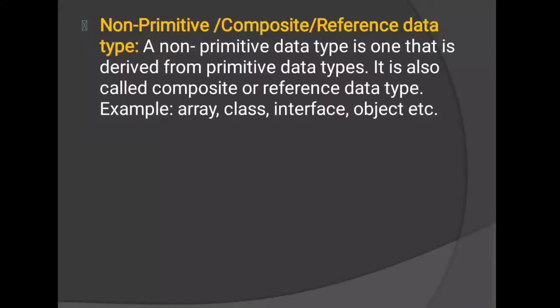It is also called a composite or reference data type. For example, array, class, interface, object, etc., those are all non-primitive data types. Then next we will proceed.